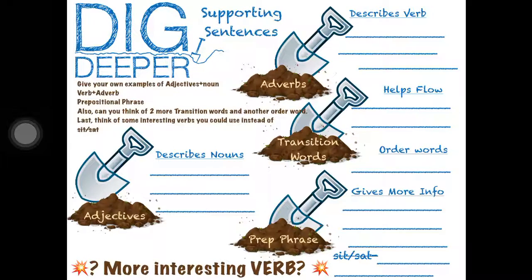So now you have a paper that looks kind of like this. This is a homework paper. It is assignment 3. And if you look there, I would like you to give your own examples of adjectives plus nouns, just like I did on my paper. Fluffy, soft cat. I want you to give me some examples of descriptive adjectives going with nouns. Also, I want you to give me verbs plus adverbs.